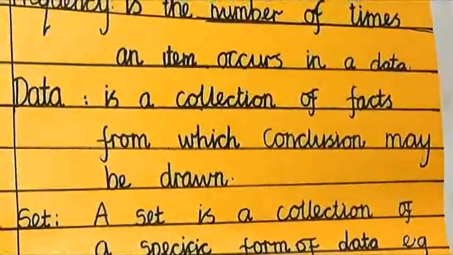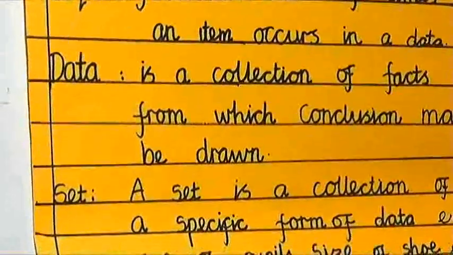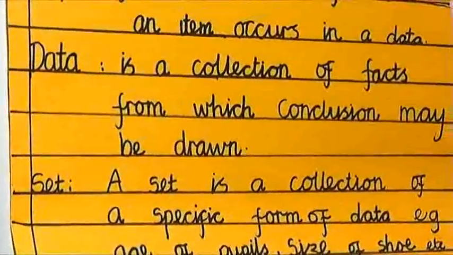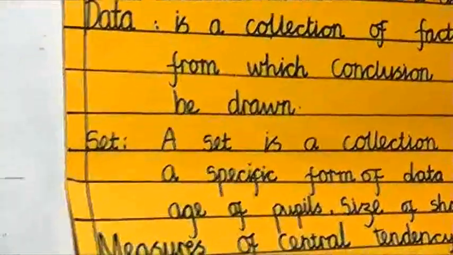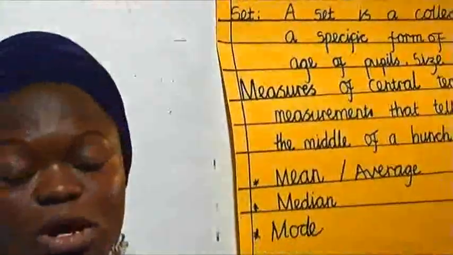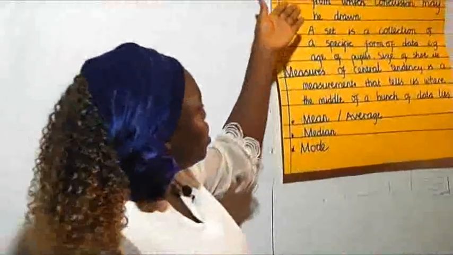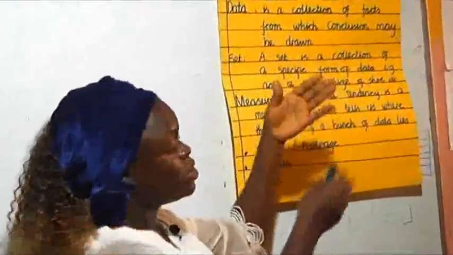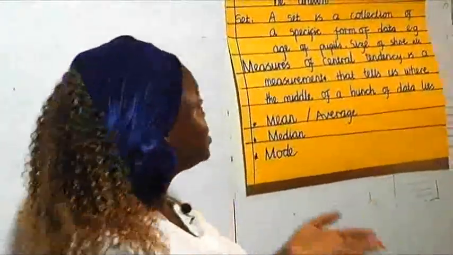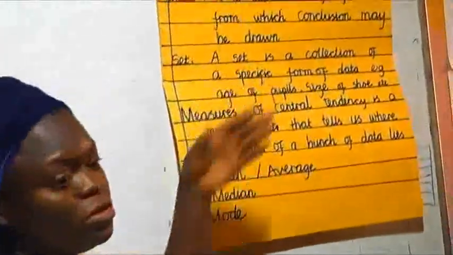For instance, what is going on in Nigeria now, we have COVID-19. Different states are recording different numbers of COVID-19 infections every day, and the number is increasing. So when we collect some of this information from these states, we can draw some conclusions from them.